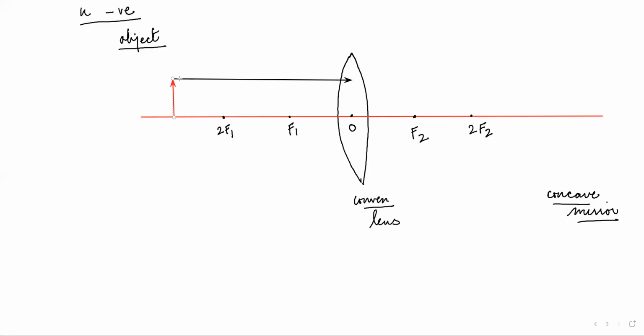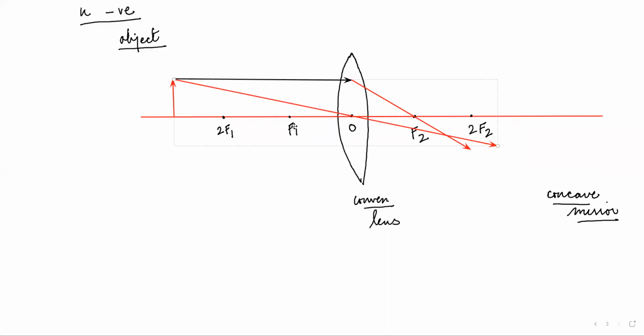So students, first ray parallel to principal axis, and obviously any ray parallel to principal axis will pass through focus after getting refracted through the lens. Now, the second ray, I told you, from the tip of the object passing through optical center.